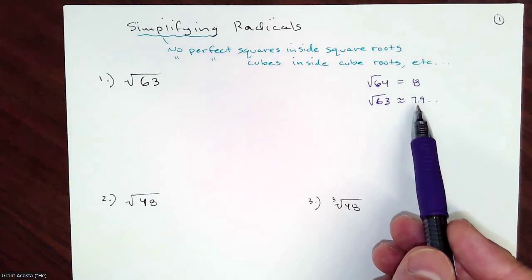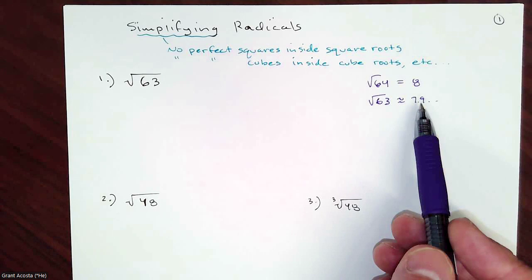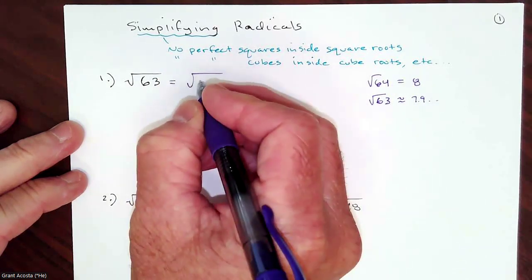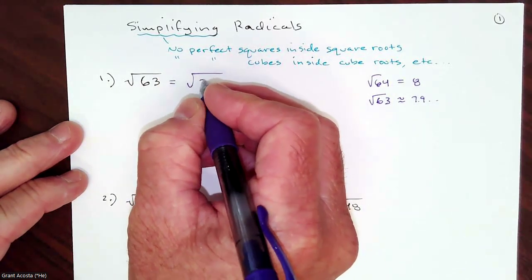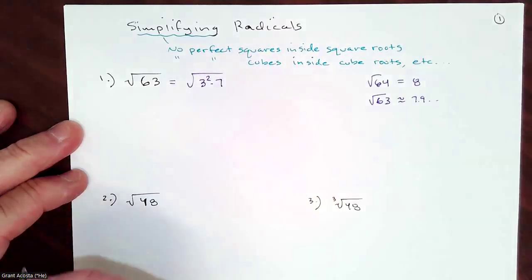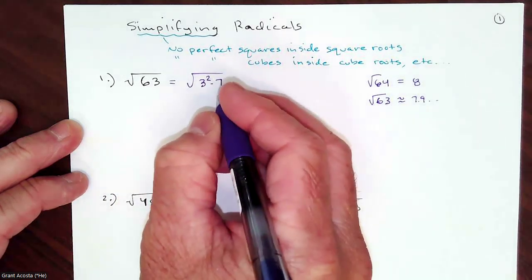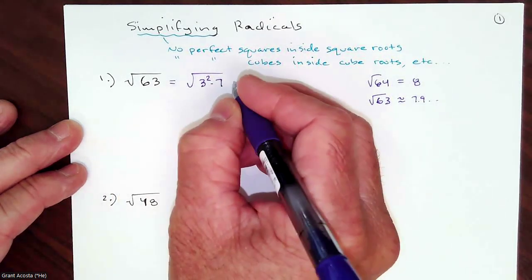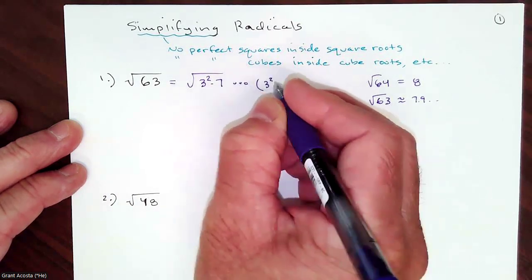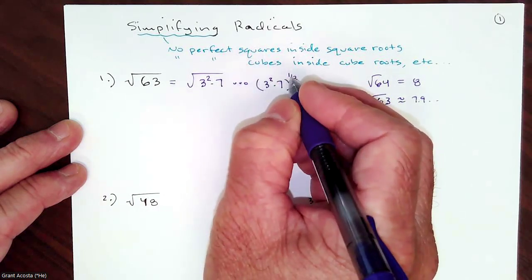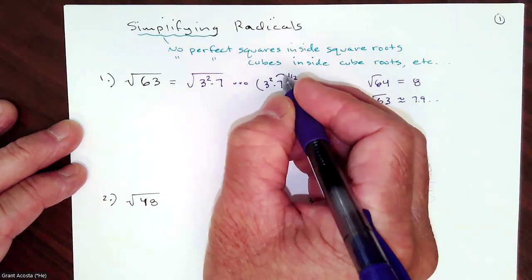Nevertheless, we still need to learn this, and there is actually a good reason why we sometimes want radicals in simplest form. So how do we do this? Notice 63 is made up of 9 times 7, and 9 is 3 squared. That's the idea. We don't want any perfect square factors inside a square root. Remembering that this is the same as 3 squared times 7 to the 1/2, one of our properties of exponents is that I can distribute the exponent to both of these.